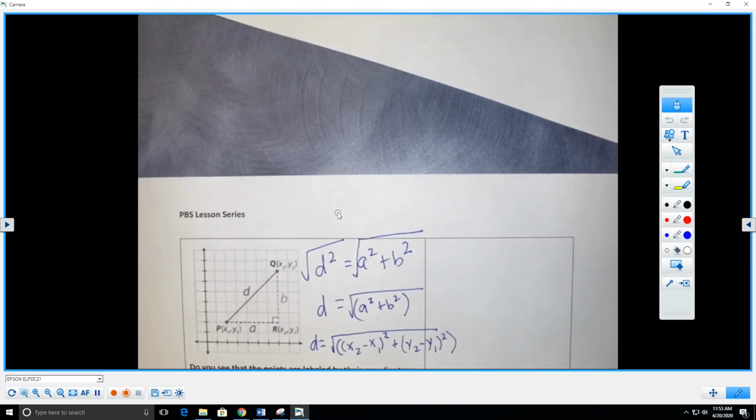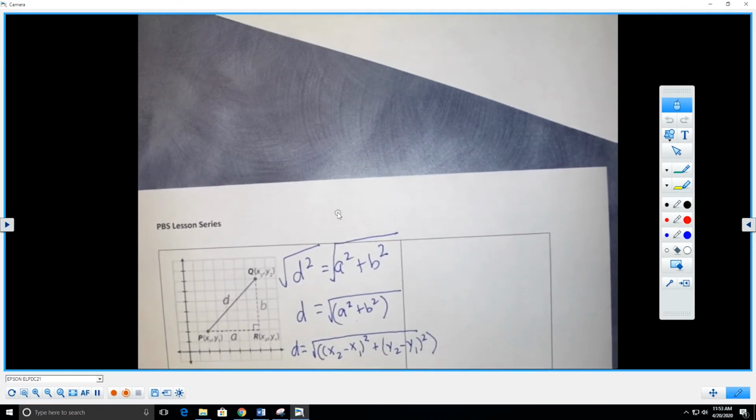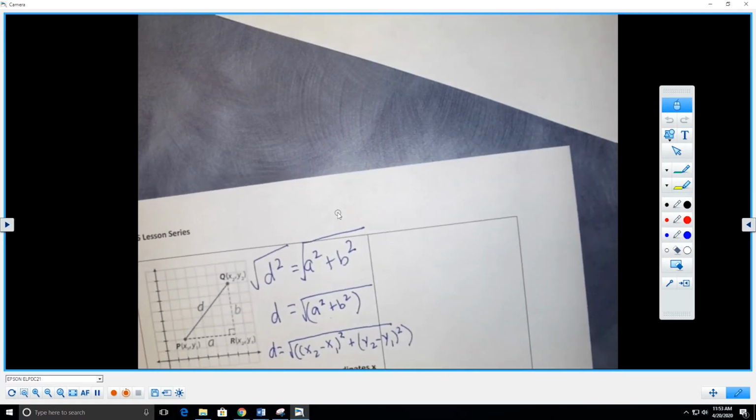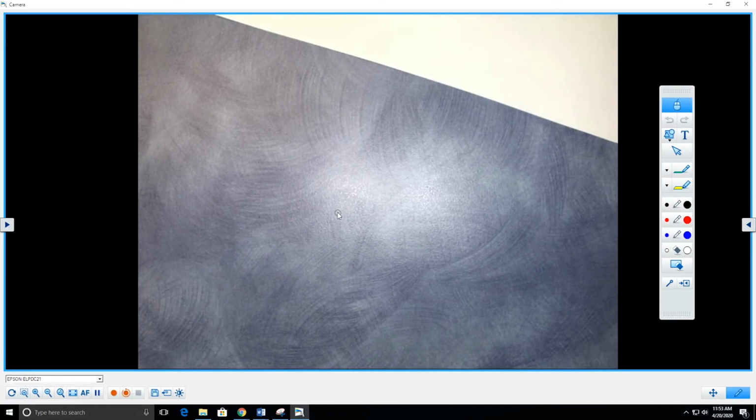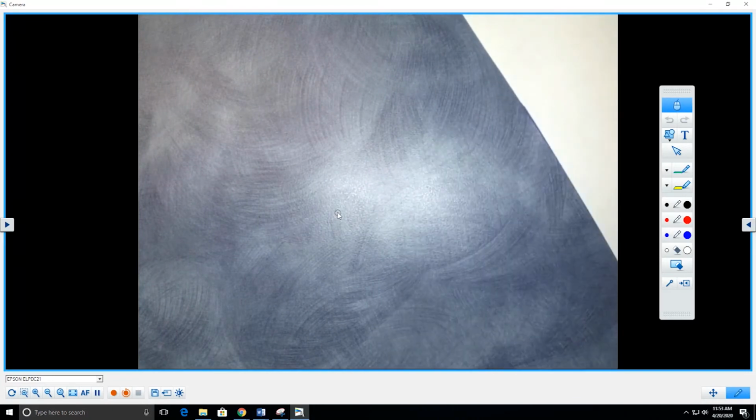Okay, so let's see if we can use the distance formula to estimate the length of the hypotenuse. We need to know these things. Write them out for me.